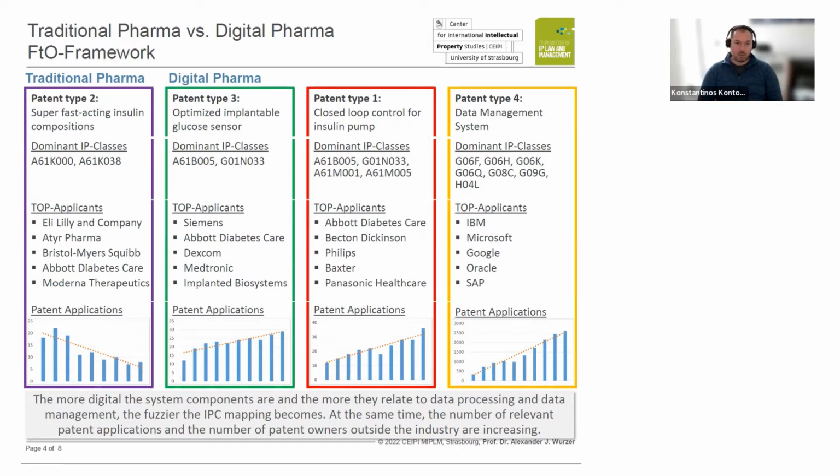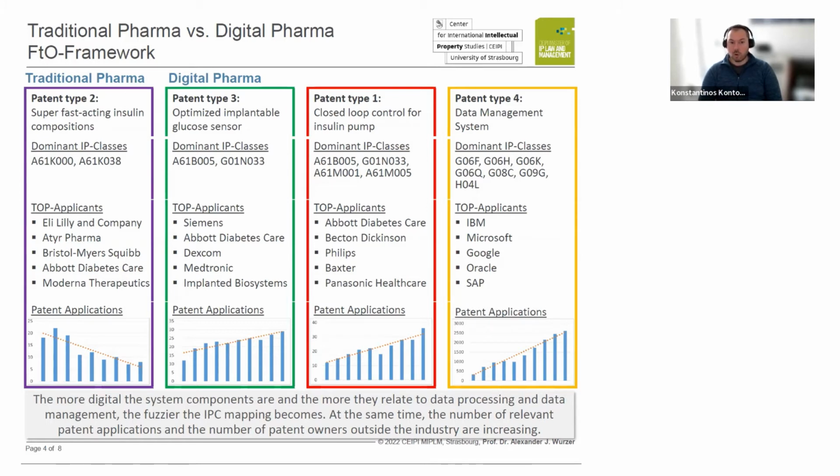On the other hand, when we pass to the digital pharma space, on top of patent type 2, we also have patent types 3, 1, and 4. I just read it from left to right. Then we can see that the complexity increases. For example, the number of IPC codes changes.